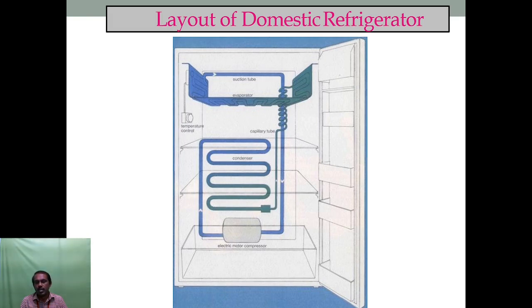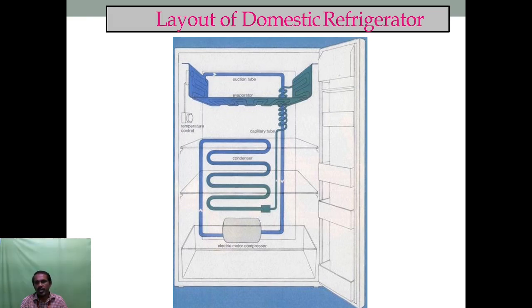So low pressure, low temperature liquid is released from the expansion valve and goes to the evaporator. In the evaporator, the low temperature, low pressure liquid turns to vapor, and the entropy totally changes.